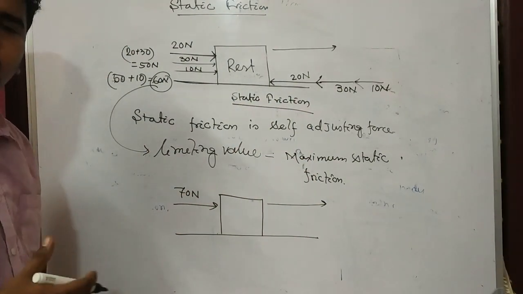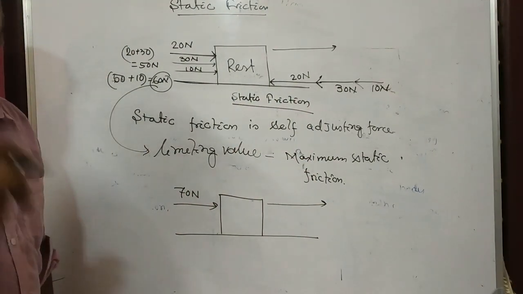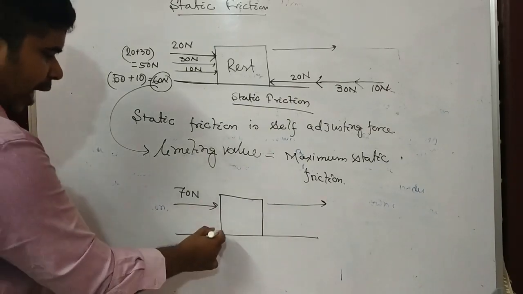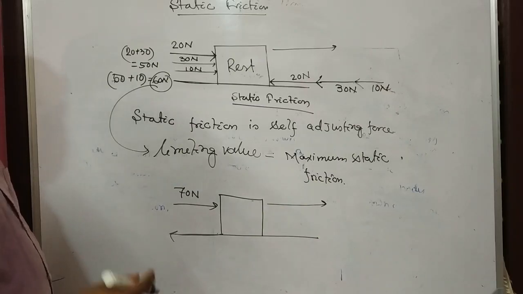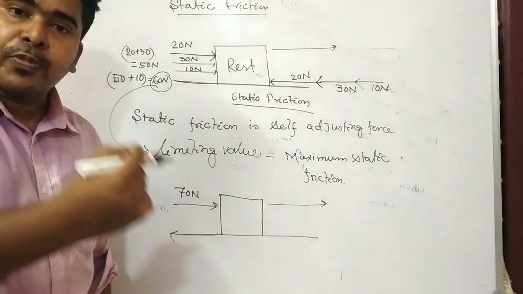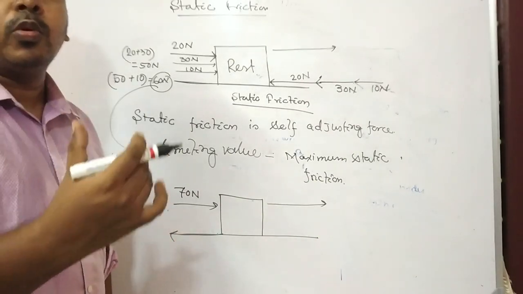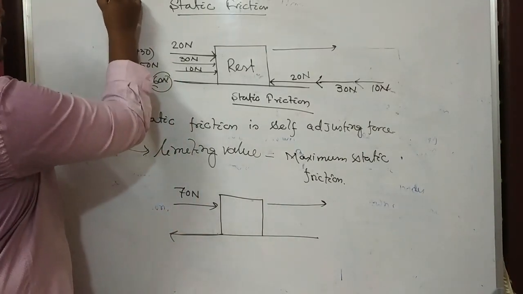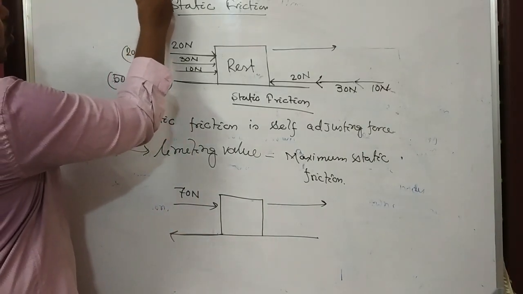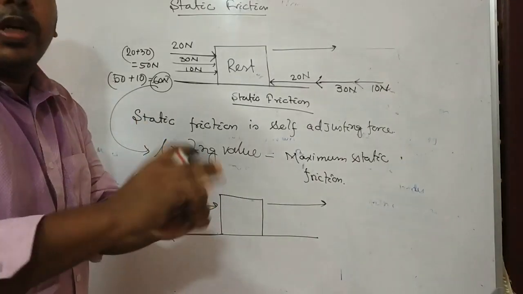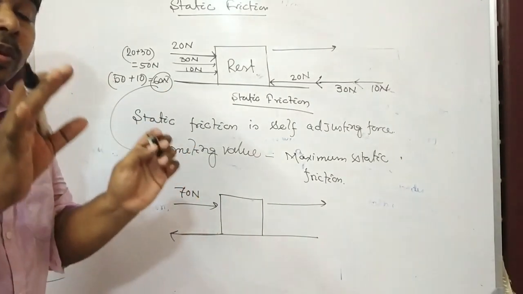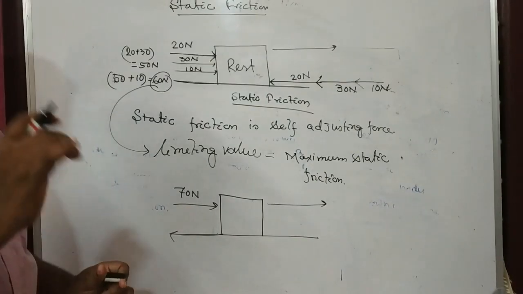When the body starts moving, a frictional force will also act. That's why in the definition we have said the body either moves or tends to move. Tends to move means it is just about to move, but is not moving yet. That type of friction is known as static friction.